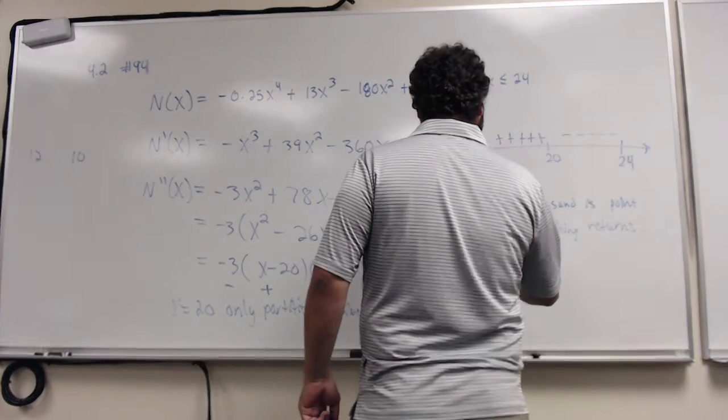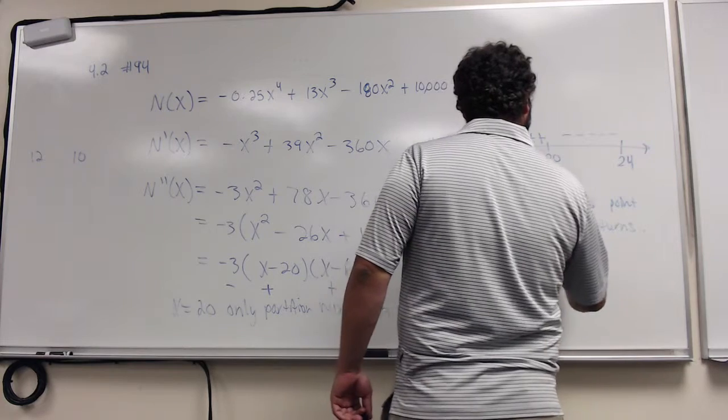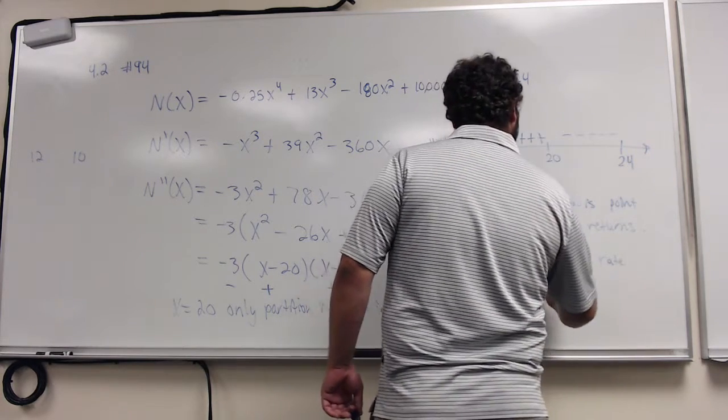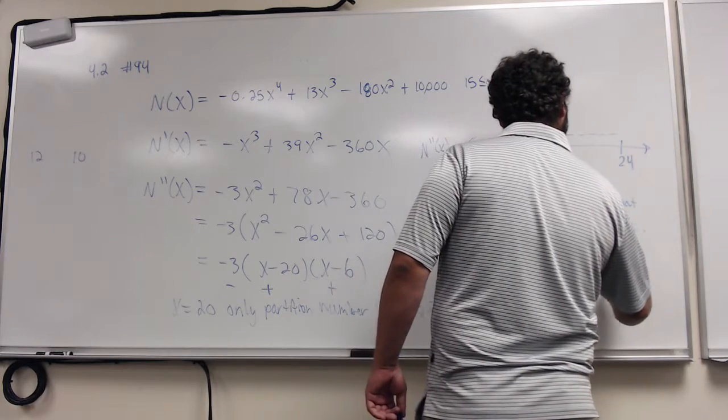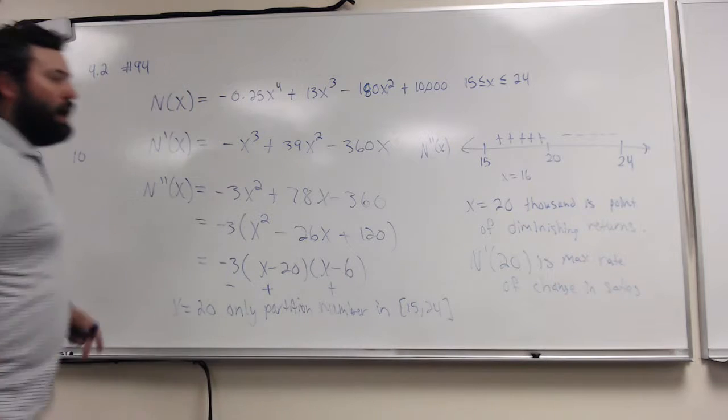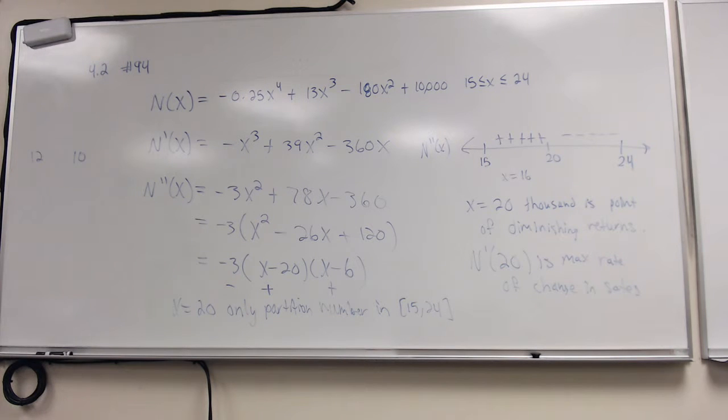And then n prime of 20 is the maximum rate of change in sales. So you might have to plug 20 into the derivative and give us the maximum rate of change in sales.